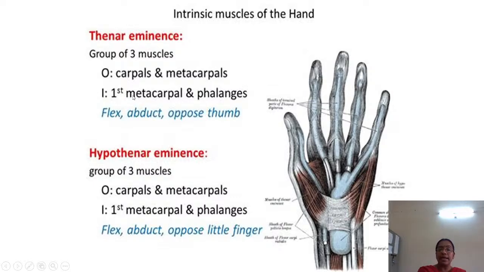As we have said, these are intrinsic muscles, so origin and insertion are within the palm only. Origin is from the carpals and metacarpals, and insertion is into the first metacarpal and the phalanges. In the same way, the hypothenar also includes three muscles, where the origin is again the carpals and metacarpals, with insertion into the first metacarpal and the phalanges.